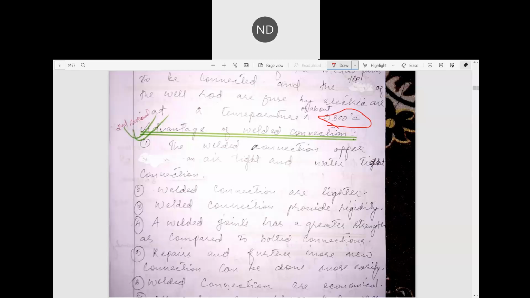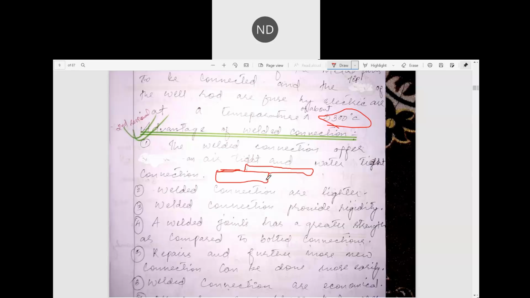So coming back to the advantages of your welded connection, what is the first advantage? The welded connection offers an airtight and watertight connection. Obviously, you know this thing, because when you have two plates, suppose these two plates are to be joined.